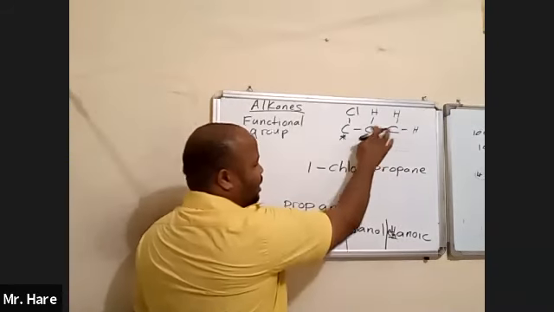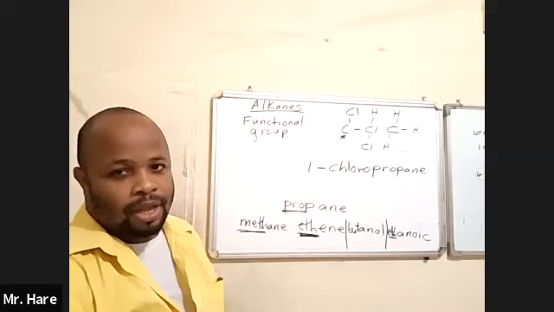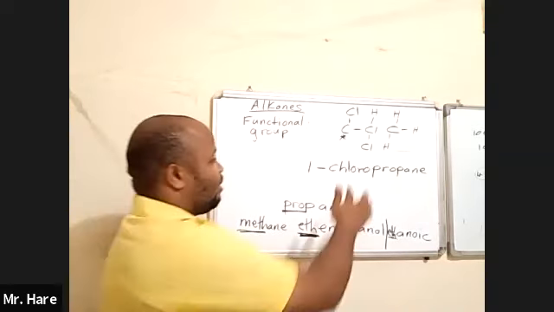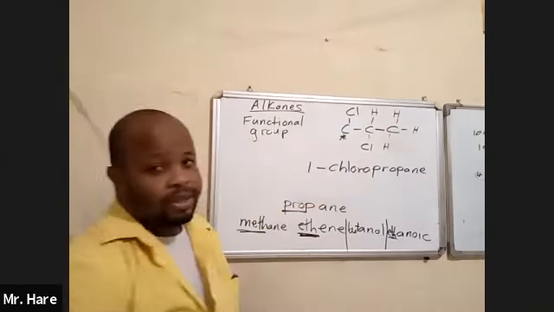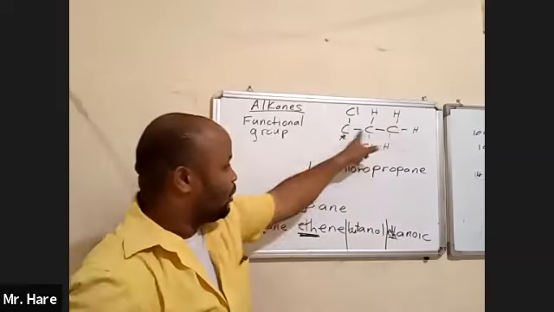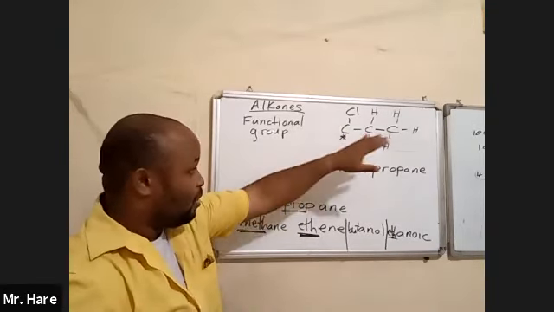You mean like a chlorine here? No, that doesn't exist. That's not a chain. So it's always the carbon atoms that are attached to each other within the chain.